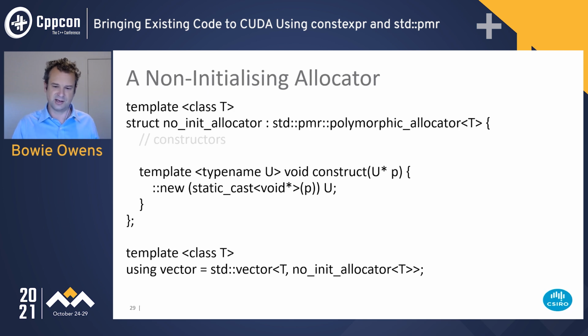You have to create an allocator type like this one, which you then, you can see we're using the original standard vector in our alias, so that we're just defining our own allocator type. So I hope that answers your question.